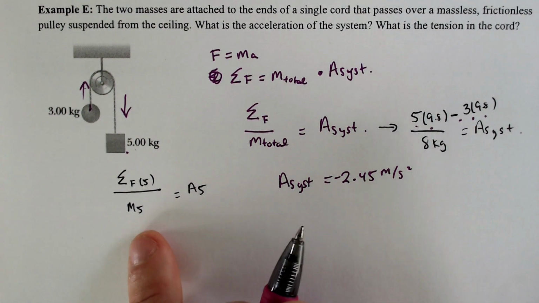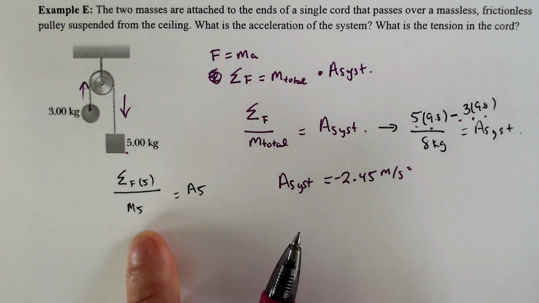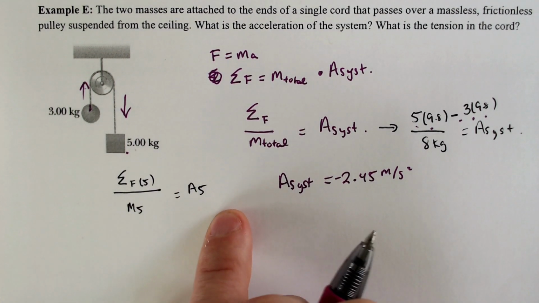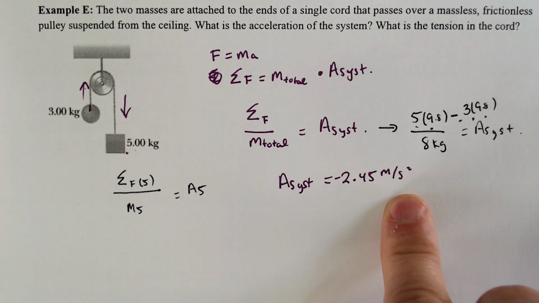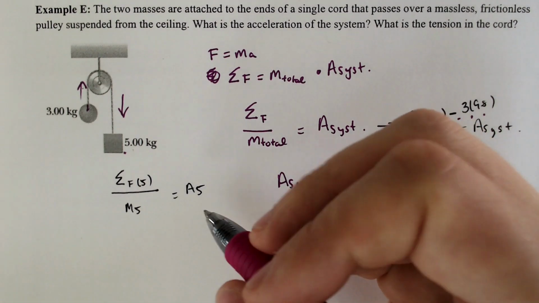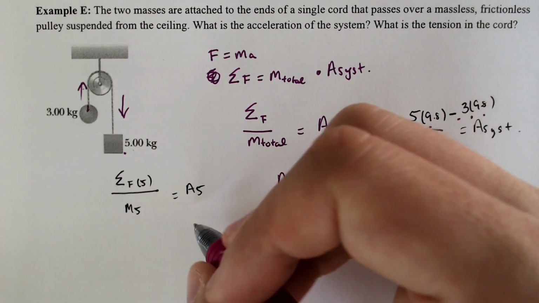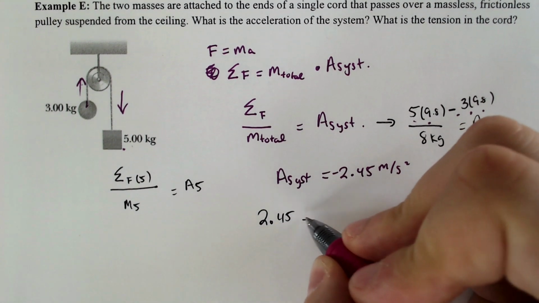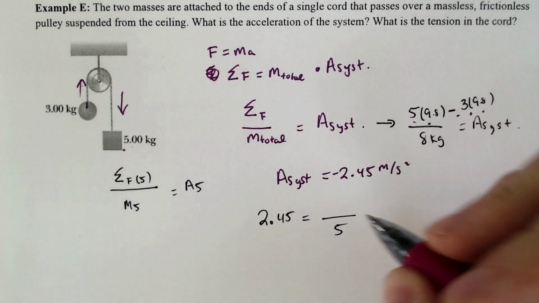So the mass of the 5 is definitely 5. The forces are going to be something to talk about, but it's accelerating at 2.45 meters per second squared. I'm just going to say positive and understand it's going down to make a little bit easier sense here. So we are going to have 2.45 equal to the sum of the forces on the 5 kilogram weight, divided by 5.